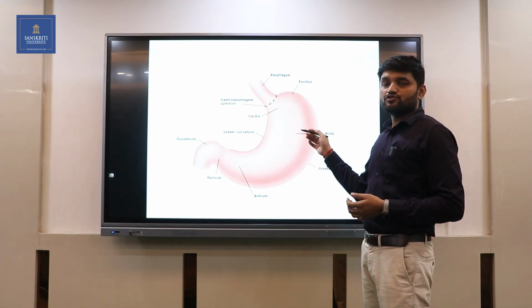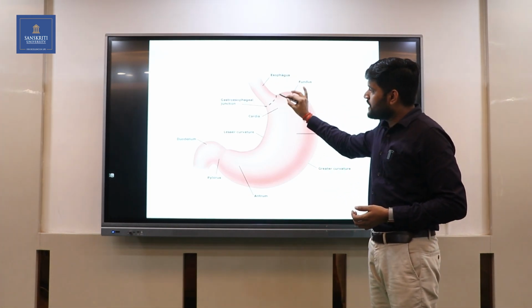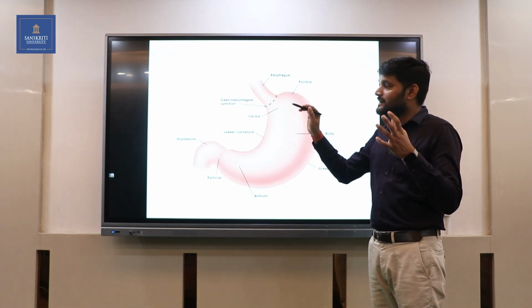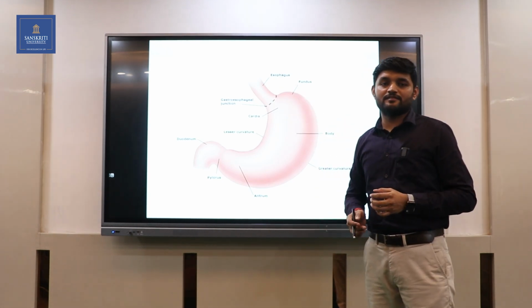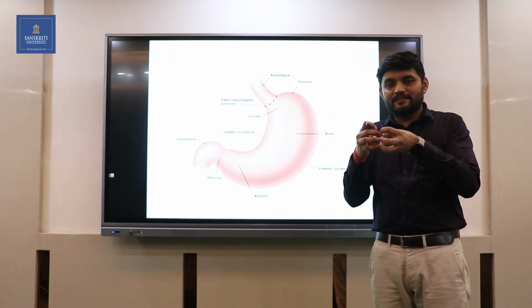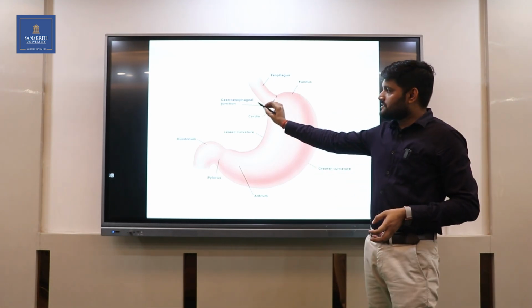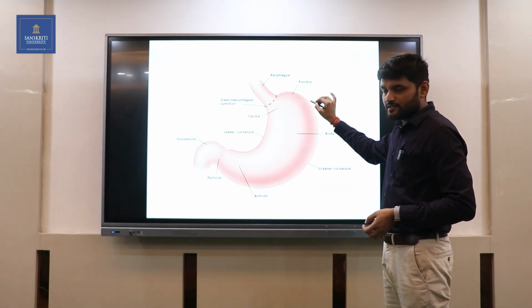Here is the stomach diagram. You can see the esophagus, lower sphincter or esophageal junction. What is a junction? Where more than two parts join together is called a junction. This is the fundus of the stomach.